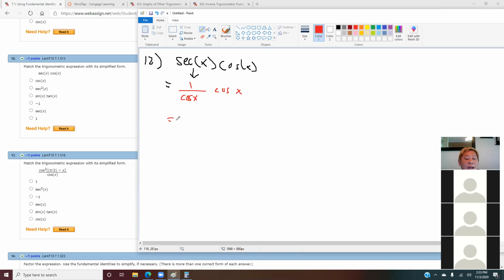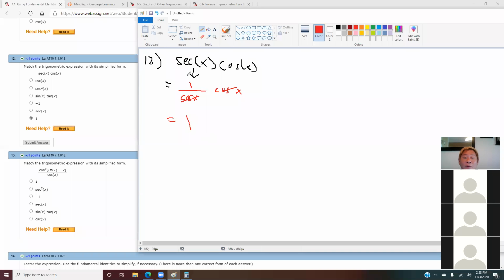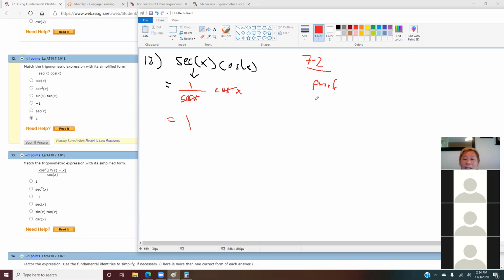What happens to cosine x and cosine x? They cancel, so you just get 1. And that's your answer. So this is 7.1, where they want you to simplify. But in 7.2, you will start to prove your identity. The identity they want you to prove is secant x times cosine x equals 1. You have to prove this, and this is how you prove it.